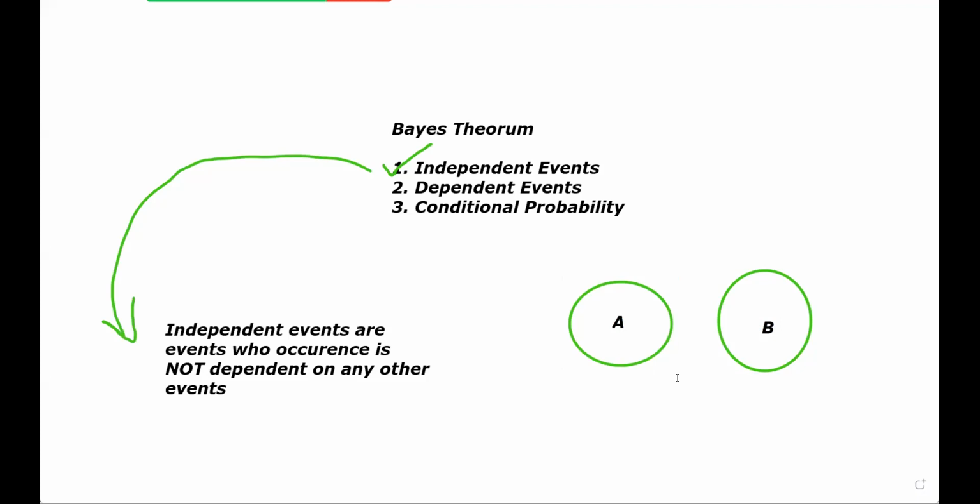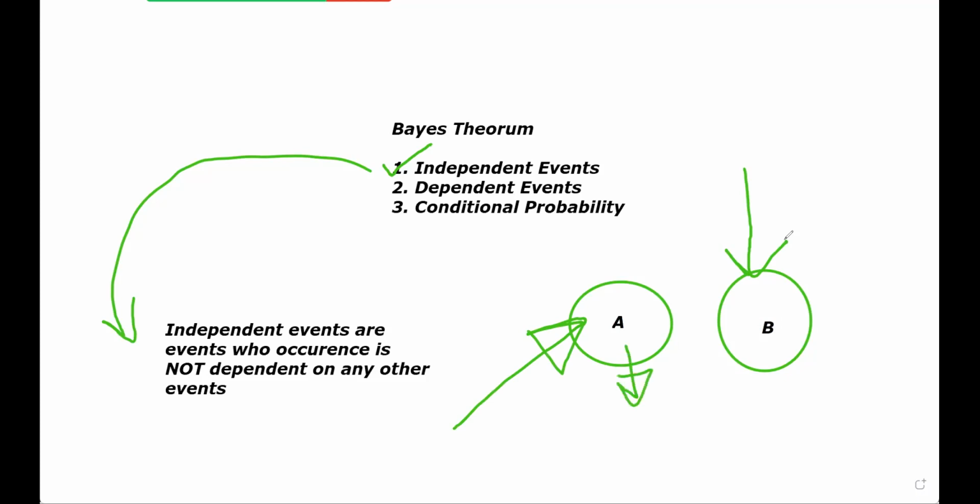The probability of getting a head or tail for coin B, which you will be tossing in your second attempt, is not dependent on the outcome of whatever you get, either a head or a tail, after tossing the first coin, in this case, A.